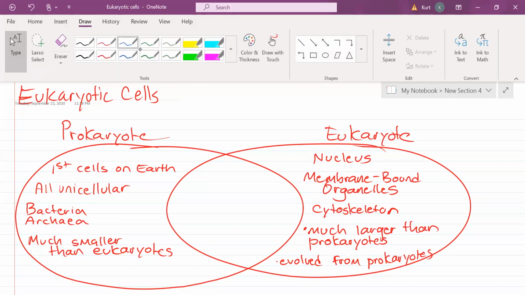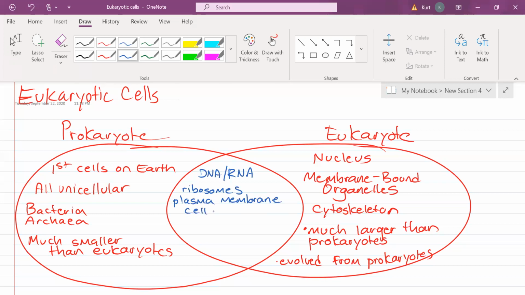What do they have in common? So they both have DNA. They both have RNA. They both have ribosomes. Ribosomes do not have a membrane, so they are capable of being in prokaryotes. They both have a plasma membrane to separate the outside environment of a cell from the inside environment of the cell.